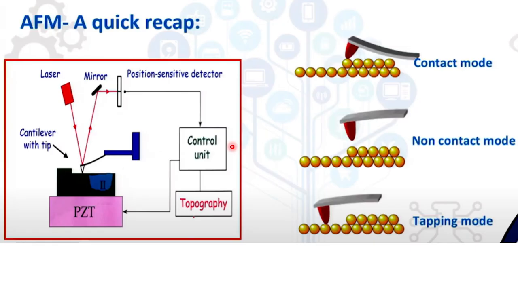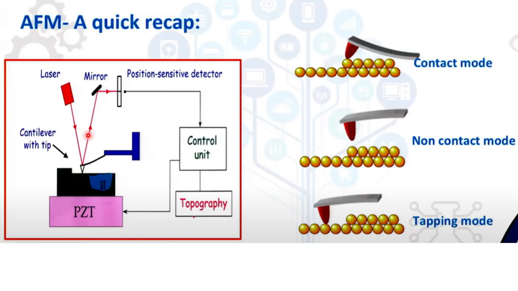The next is atomic force microscope. We have already discussed vividly how the atomic force microscope works and what we actually measure here. And this is the anatomy of an AFM instrument. There is a cantilever tip, and we know the tip is usually made of silicon carbide or silicon nitride type of material, a very sharp and very hard tip.